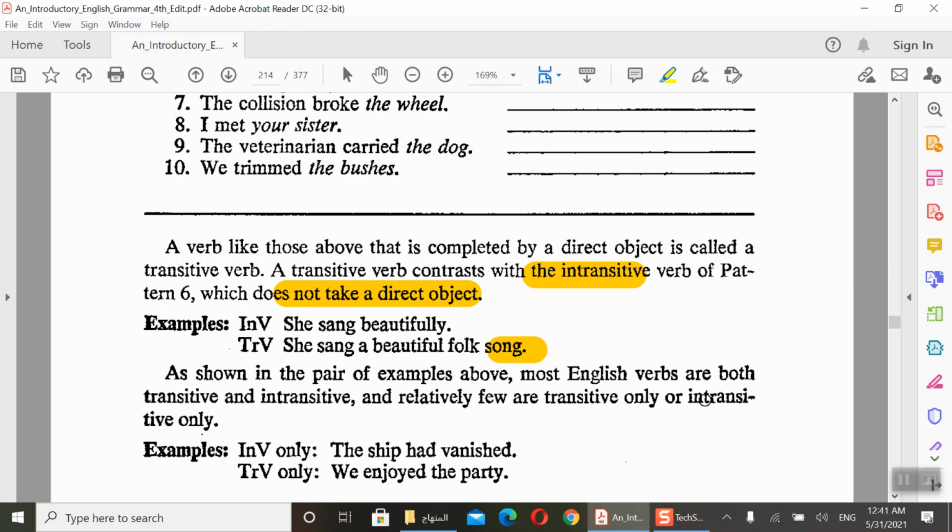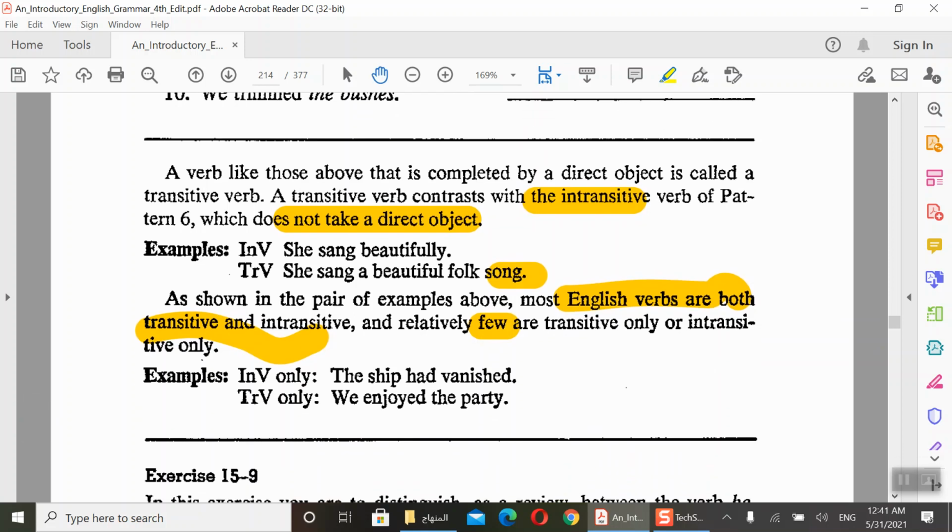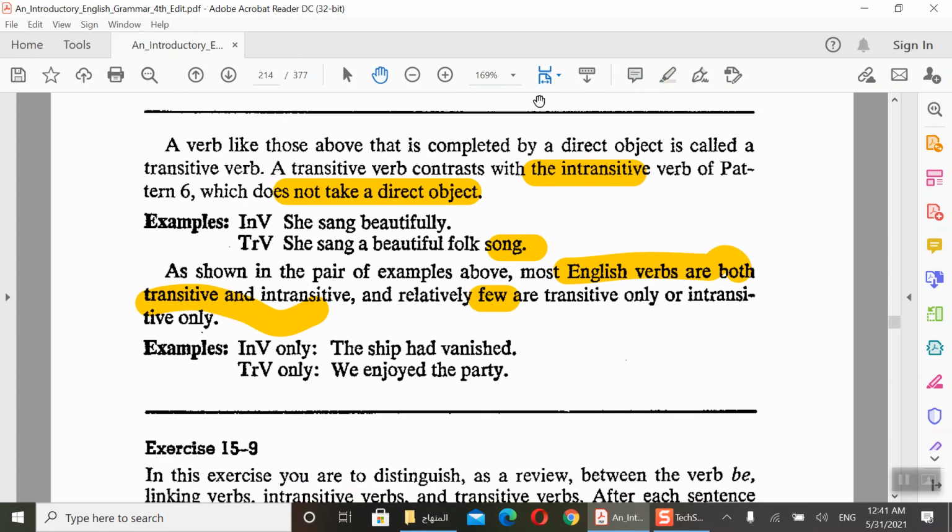Most English verbs are both transitive and intransitive, and very few are only one or the other. This is a very important note. Not all verbs, very few. Most of them are both. For example, the verbs vanish and enjoy.